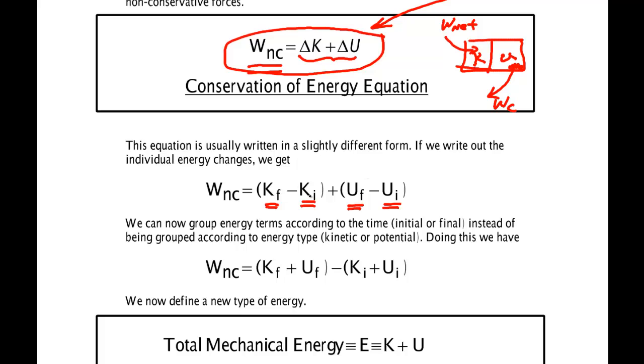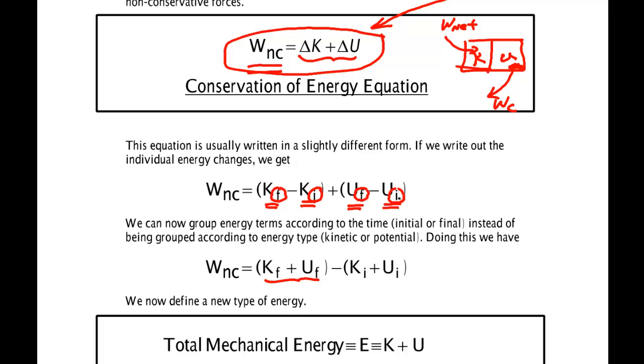And instead of grouping them by types of energy, we're going to group them by whether they occurred at the end, in the final, or they occurred initially. So all the finals are going to go together. So I'm going to put the K and the U together.